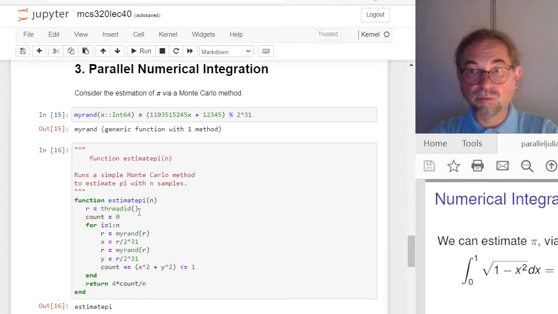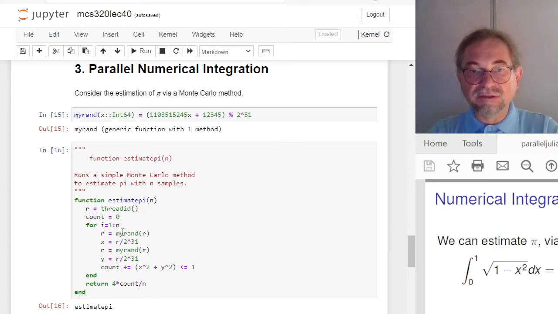In this way, I will be certain that every thread will generate a different sequence of random numbers. So the first instruction is very important. We can write very short code, but every instruction actually matters.